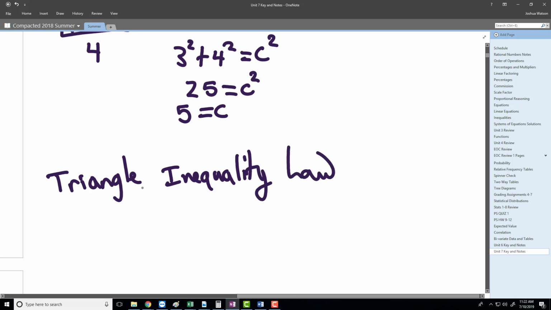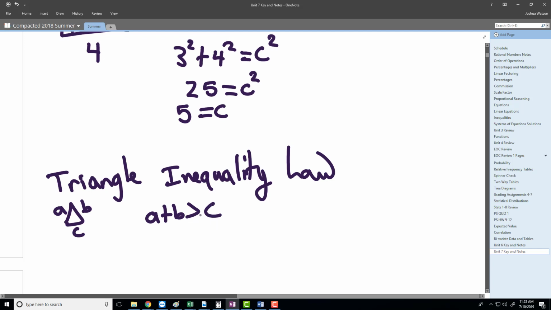It says for any triangle ABC, meaning that it has the points A, B, C as its vertices, for any two sides, let's change that so that we're talking about the sides instead of the points. It'll make this easier to label. This now is side a, side b, and side c, not point A. For any two sides, a plus b, they must be greater than the third side c.